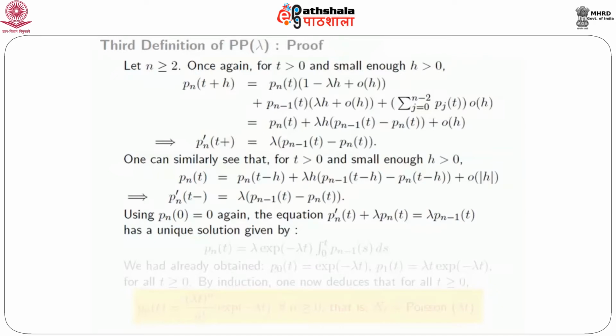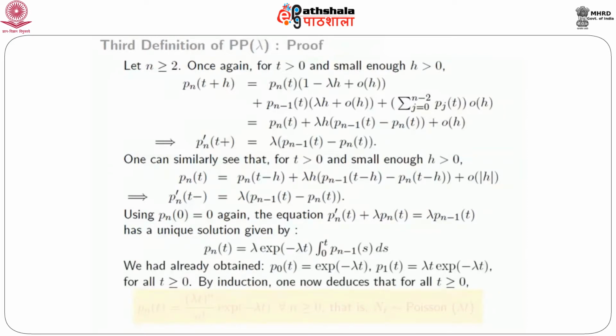If you let n be greater than or equal to 2, once again for small h, Pn(t+h) is written like this. So you have the left derivative and the right derivative, and both turn out to be the same. Therefore what we get is that Pn(t) for every n satisfies this differential equation: Pn'(t) plus lambda Pn(t) equals lambda Pn-1(t).